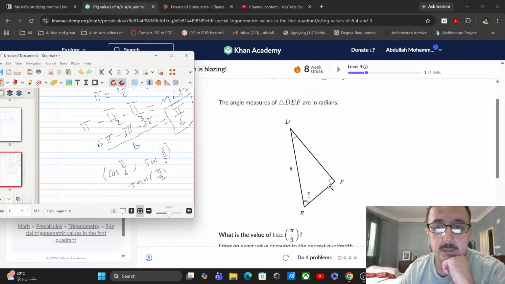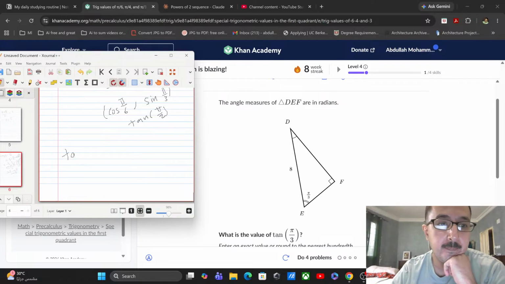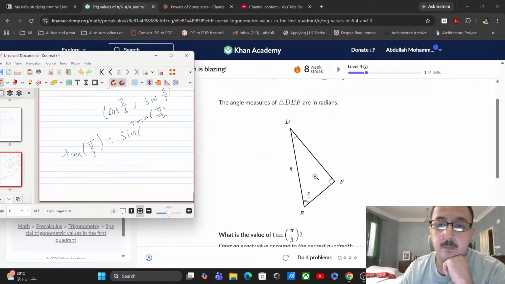If this is the tangent, then this is the sine, which is, if it's a tan pi over 3, then it's equal to sine. What?